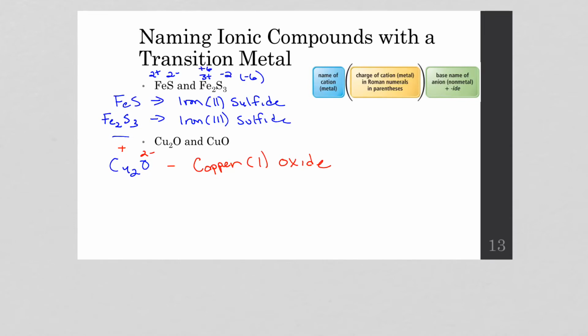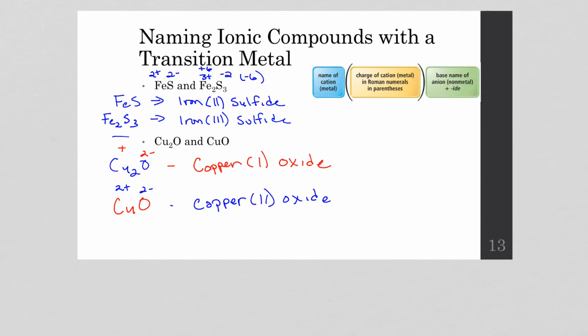Now if I go to the next one, CuO. So in this case, it's still a -2 on the oxygen, right? So that means the one copper that it's paired with must be a 2 positive. So this one is going to be named copper 2 oxide.